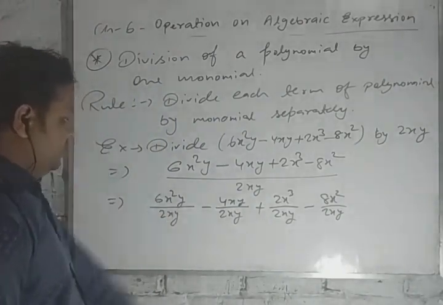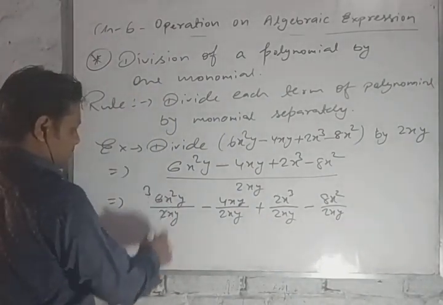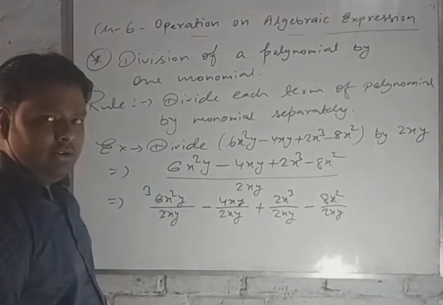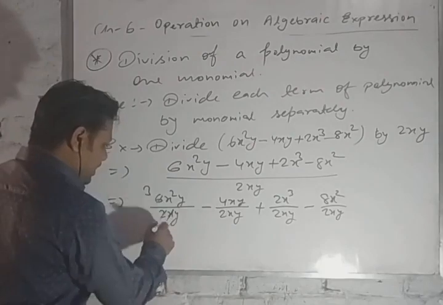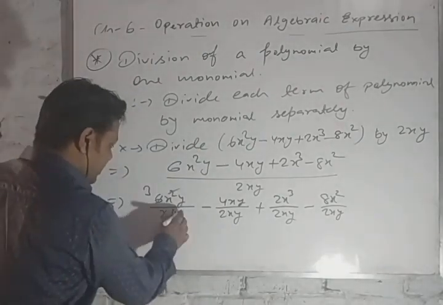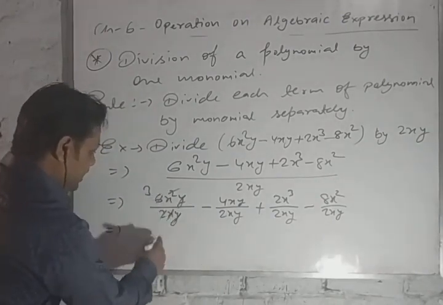Okay dear? Now solve it. At first the constant term: 2 threes are 6. Here x to the power 2 and here x to the power 1. So x will cancel, then y cancels. Now what is left here? Downside nothing, only 3x is left.